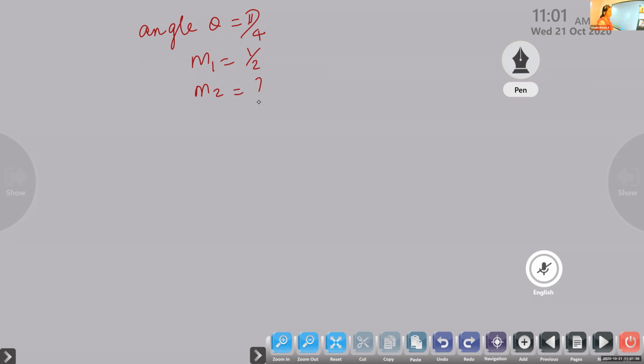Usually we take angle as acute angle. Here it is given theta is pi by 4. M1 is 1 by 2. M2 is not given. We want to find M2. So listen, children. Angle is given. We want to find the slope.